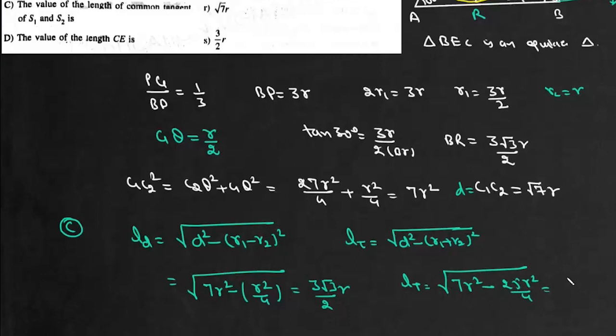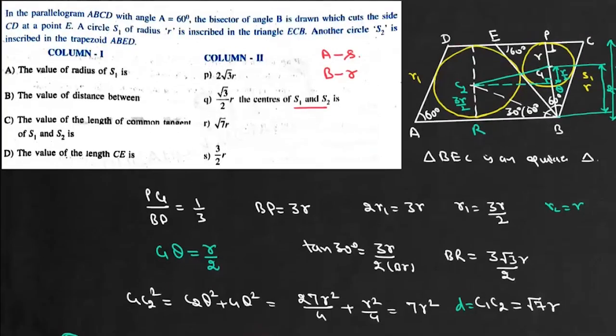Now 28 minus 25 gives root 3 R by 2. So in this case, they have asked for the length of the tangent, and the option which matches is option Q. So this C matches with Q.